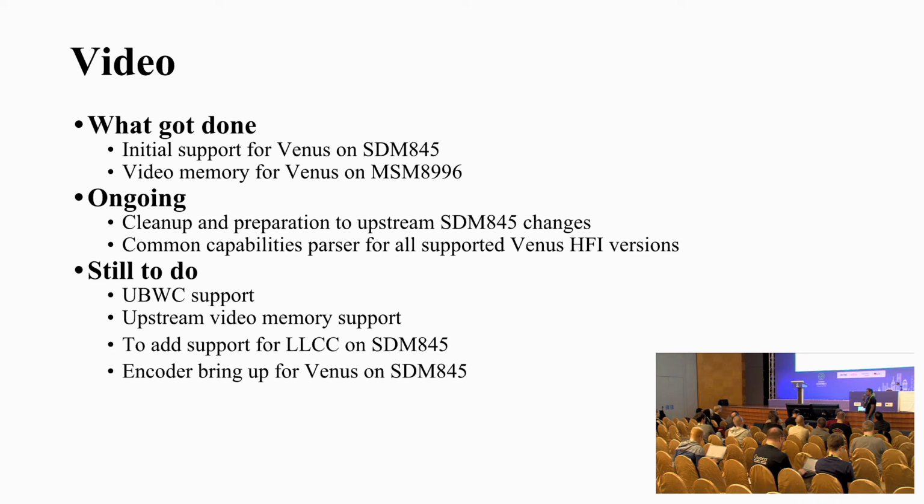That was done earlier by the bootloaders, and now it needs to be done from the kernel driver. The way we've gotten it working right now is to put the firmware as a child node in the venus node, but that doesn't look very good from the DT bindings point of view.